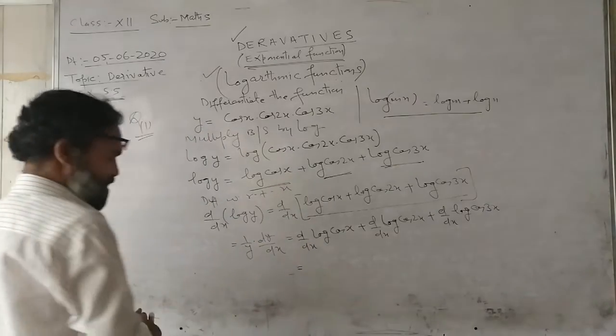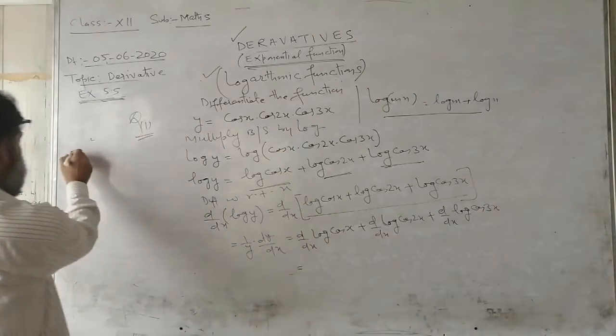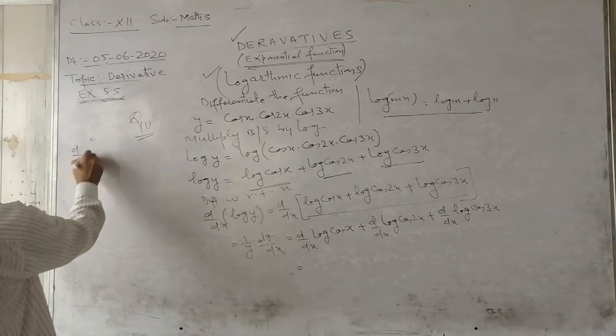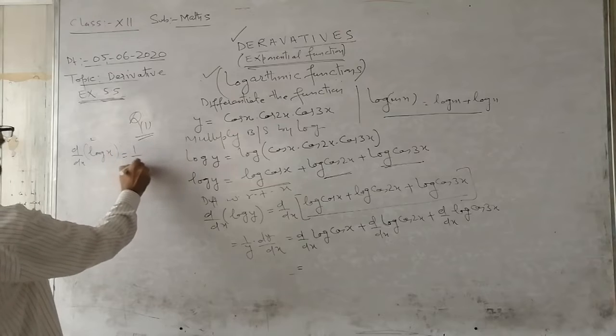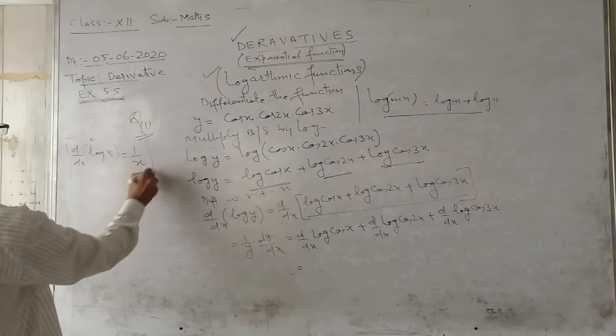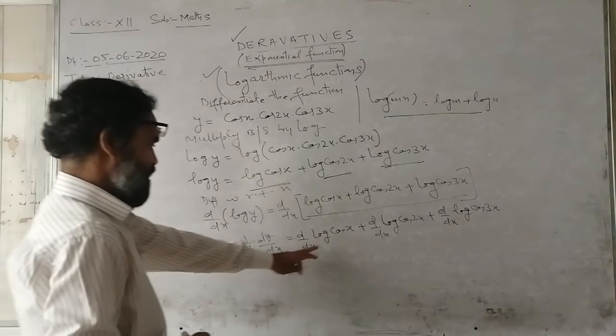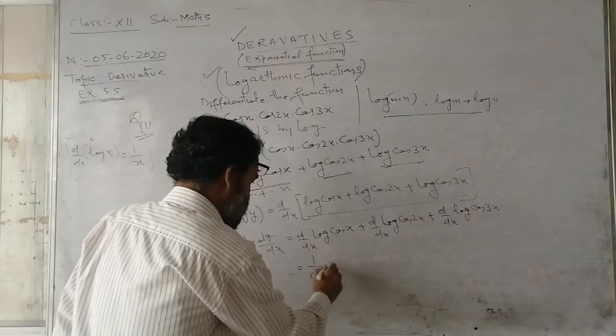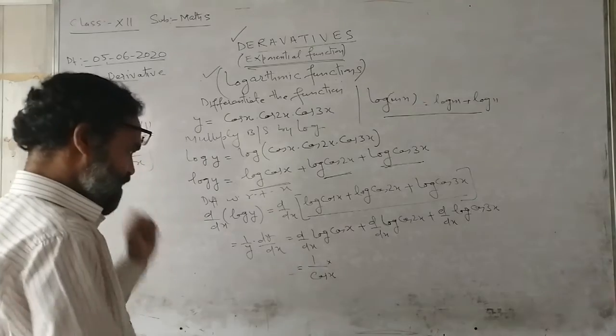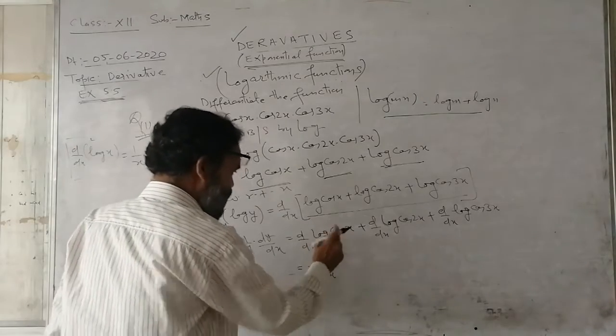Now derivative of log x is 1 upon x, d upon dx of log x, as I had earlier shown you. Same way, this will be 1 upon cos x into d upon dx of cos x.